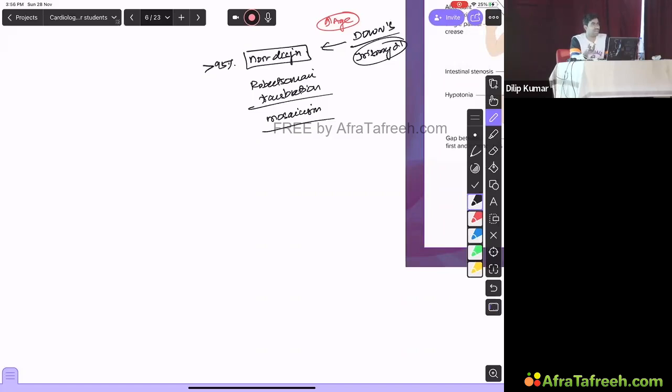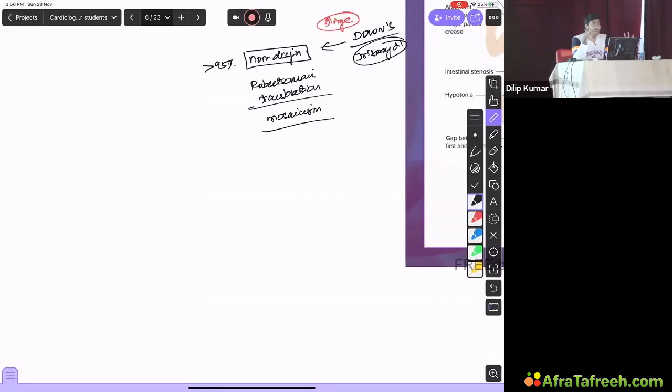In mosaicism, there will be 2 groups of cells: one group will have a normal karyotype, and another group will have an abnormal karyotype in the form of trisomy 21. So this group of children will not exhibit all the features, because only the organs that differentiate from the abnormal cells will exhibit features, and organs that differentiate from the normal cells may not have any problem at all.